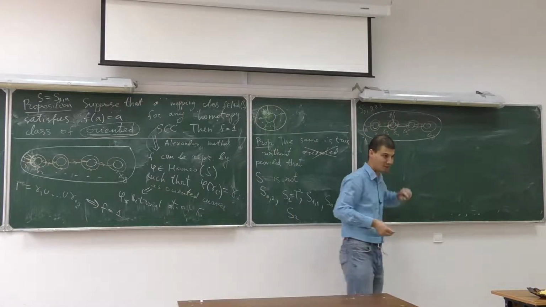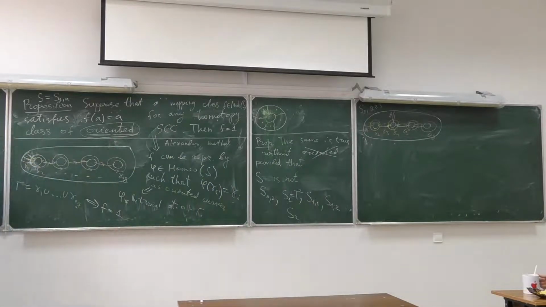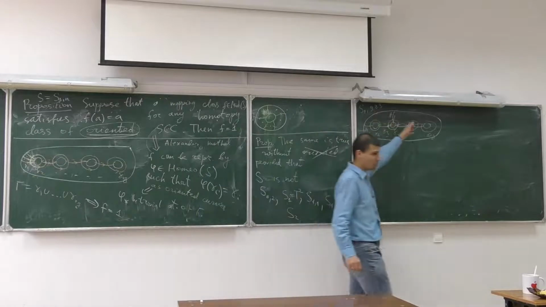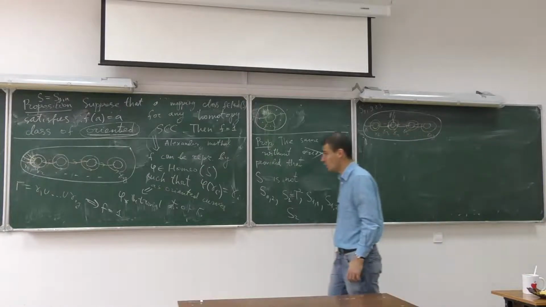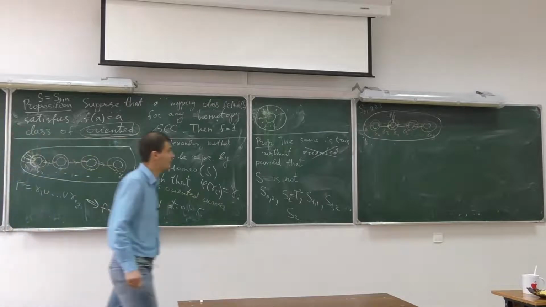So we automatically obtain that our mapping class preserves the orientation of gamma 4 and hence of all other curves, since it preserves algebraic intersection numbers. So we achieve that.